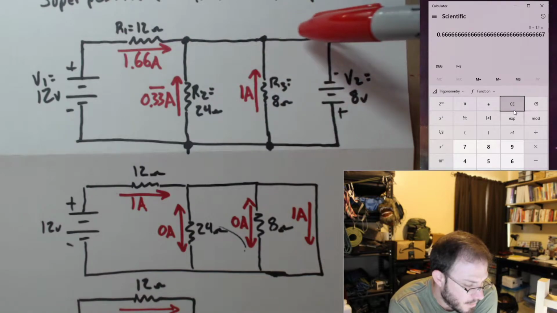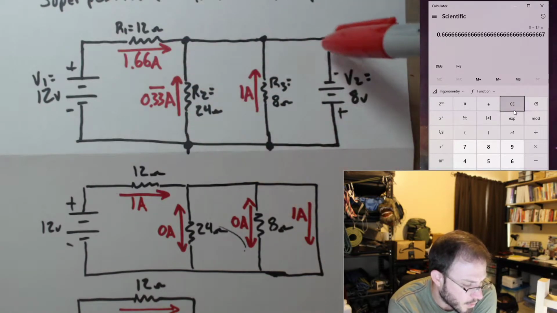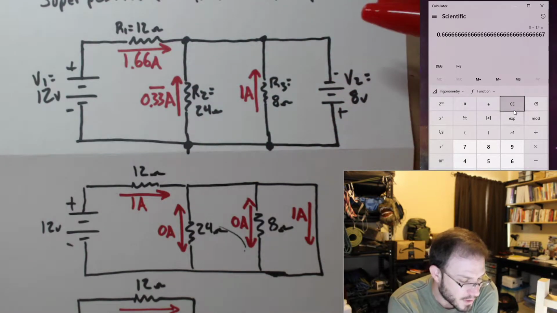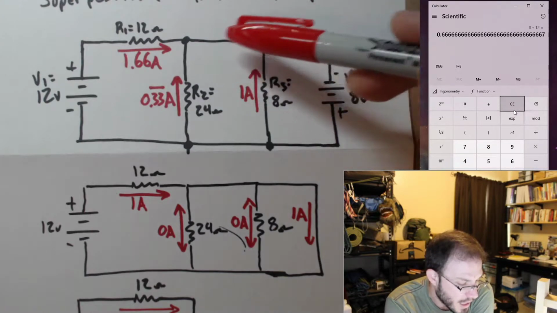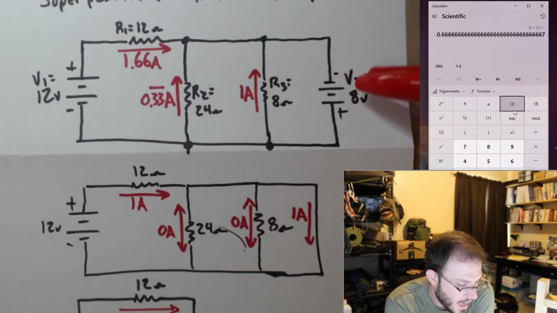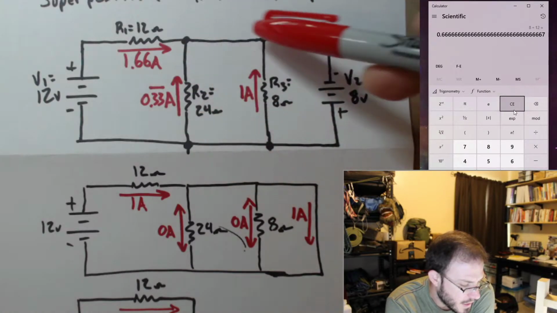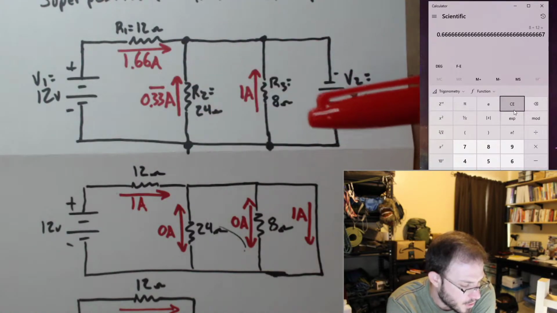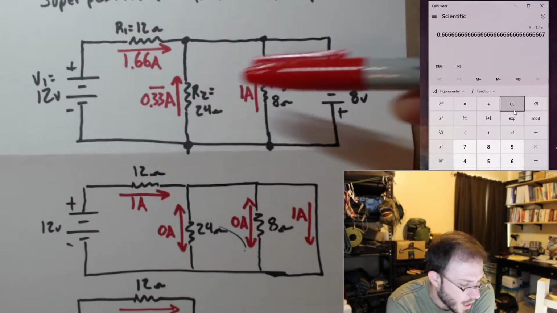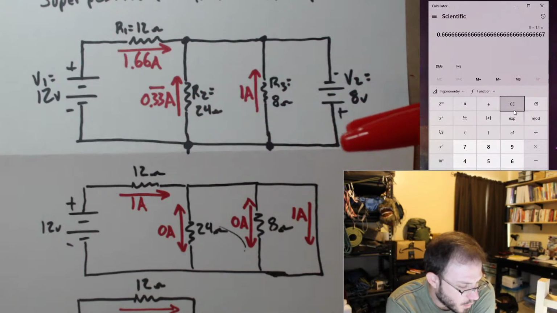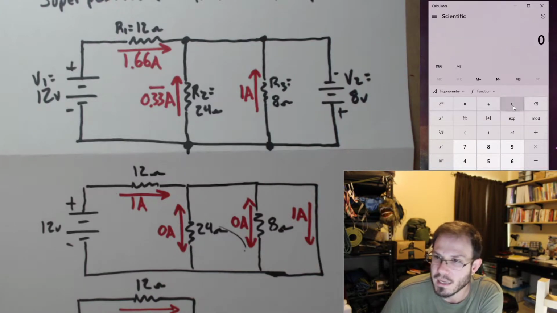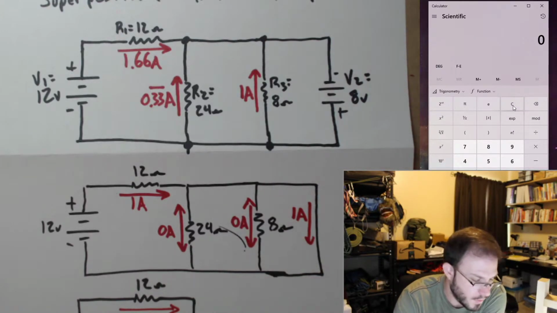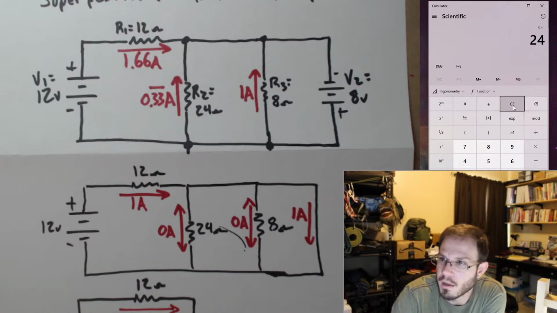The same thing can be done for this loop over here. Any closed loop, the sum of all voltage drops in any closed loop should equal 0. So over here, if I have 8 volts in parallel with my R2, I should have 8 volts across there. So 8 volts divided by 24 ohms should give us 0.33 repeating. Is that true? Well, let's do 8 divided by 24.